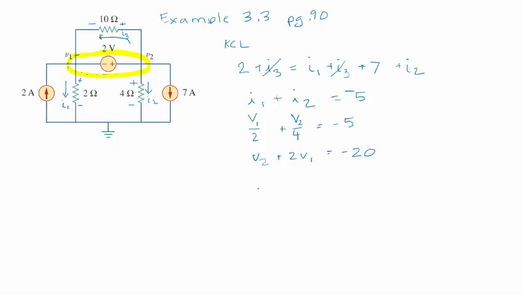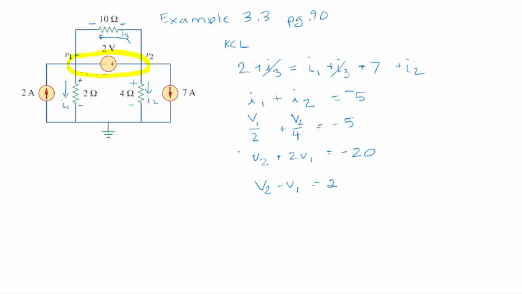The other thing that I know is that this is basically one big supernode, so I have one equation but 2 unknowns, V1 and V2, so I need an additional constraint, and I know that V2 minus V1 is 2 volts. So that was an additional constraint that I got from this supernode right here. And so now at this point I can solve my 2 equations and 2 unknowns.